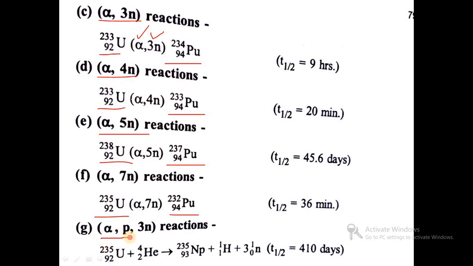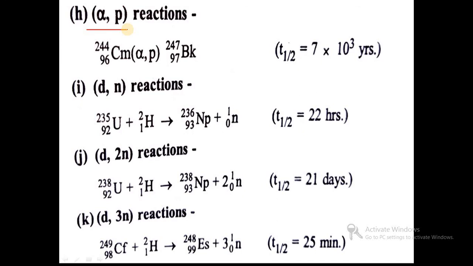Then the alpha-proton-3n process. Here the bombarded particle is an alpha particle and the ejectiles are a proton and 3 neutrons. So uranium 92-235 bombarded by alpha particles gives neptunium 93-235 along with a proton and 3 neutrons.